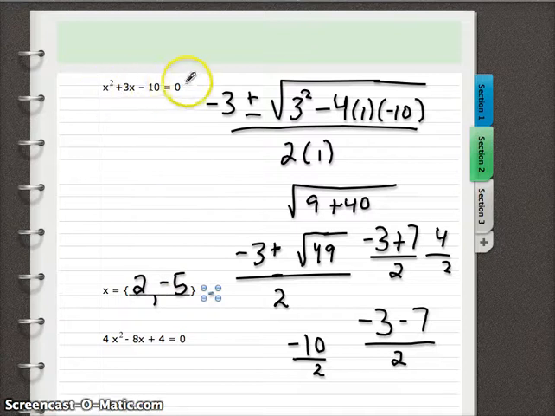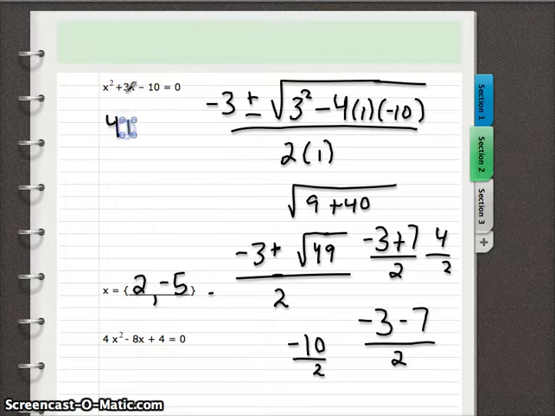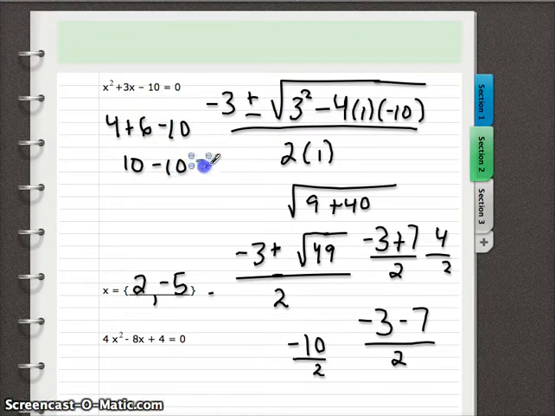If you substitute it, it should equal 0. What's 2 squared? That's 4. Plus 3 times 2, that's 6. Minus 10. Well, 4 plus 6 is 10. And 10 minus 10 is 0. So 2 definitely works. That's a value for x.